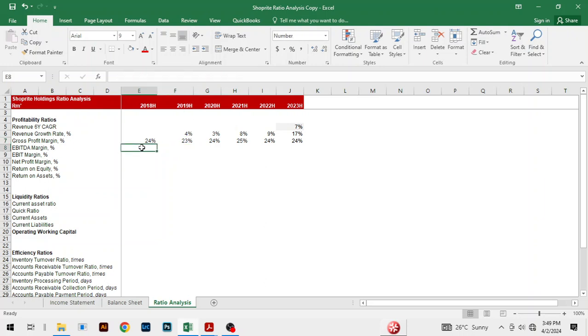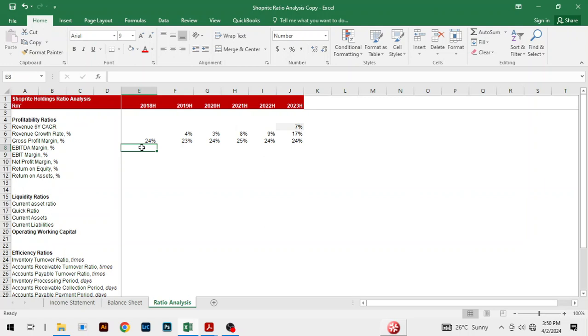Let's compute the EBITDA margin. So EBITDA, we are saying this is the earnings before interest, tax, depreciation, and amortization. Here this margin tries to track or assess the income that the company is able to generate before factoring in non-cash expense, which is in this case depreciation and amortization.